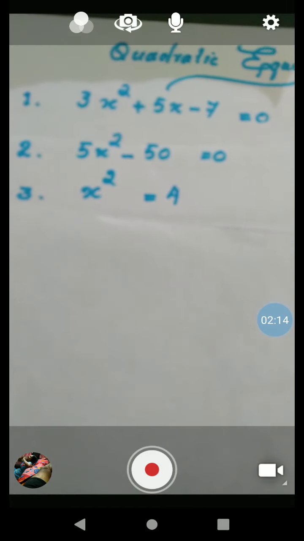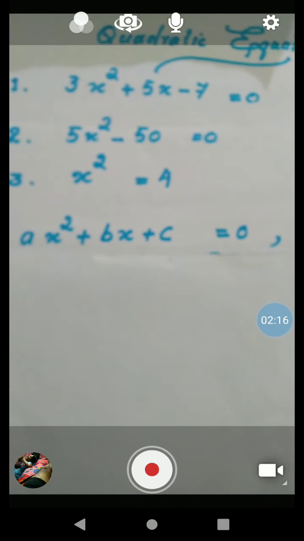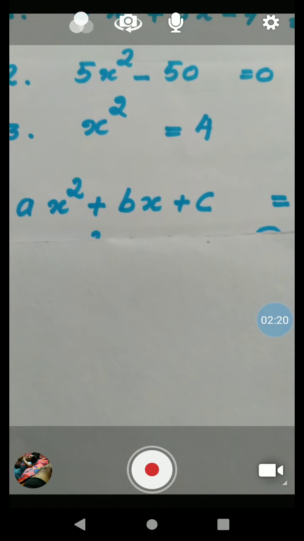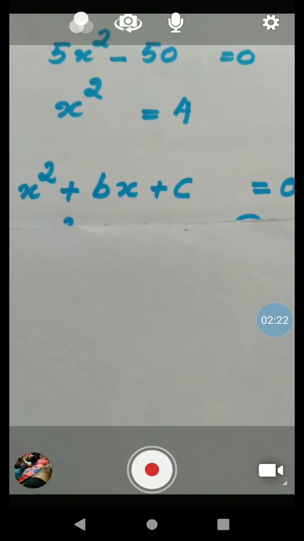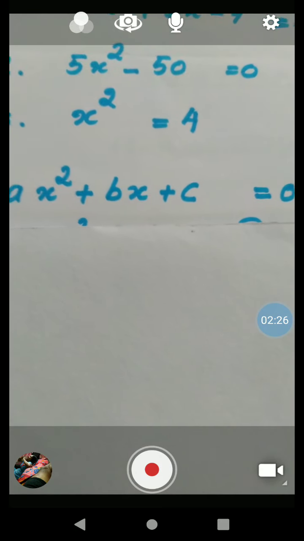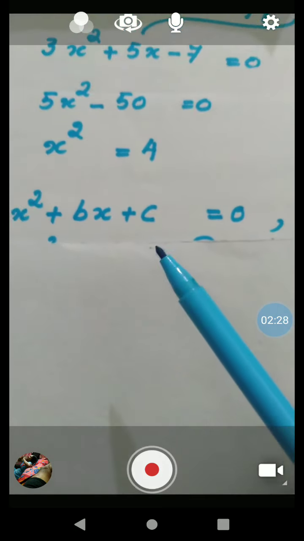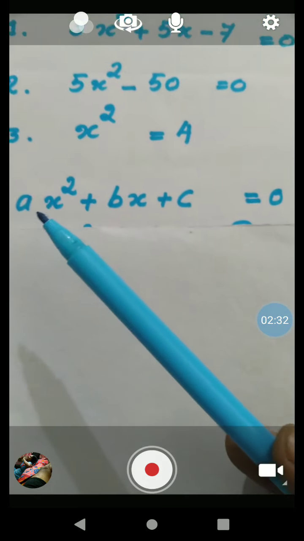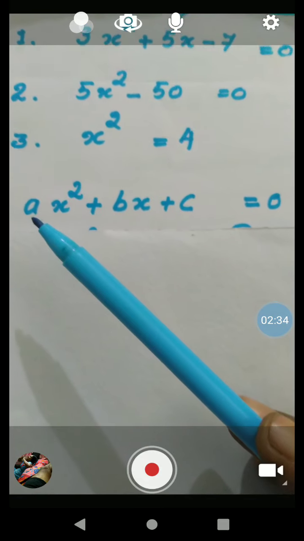The standard form of a quadratic equation is ax square plus bx plus c equal to 0. Right? ax square plus bx plus c is equal to 0. There is one condition, a does not equal 0.